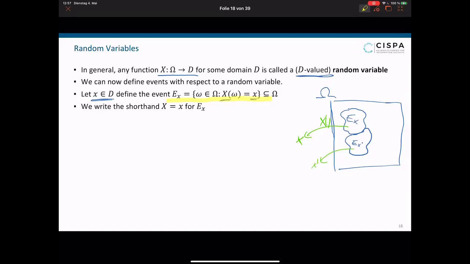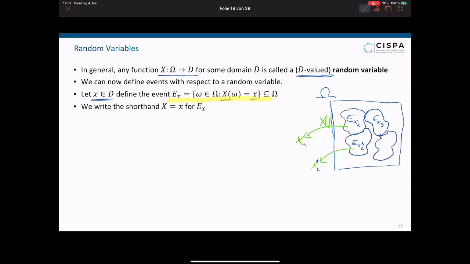So really, we just define this function to get a set of events. Let's call this E_x1, E_x2, let's maybe say E_x3, and so forth, right?